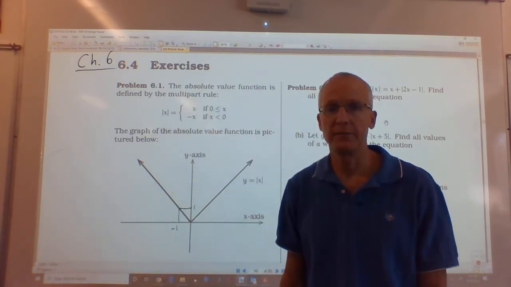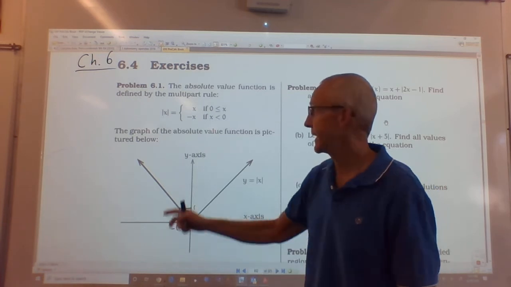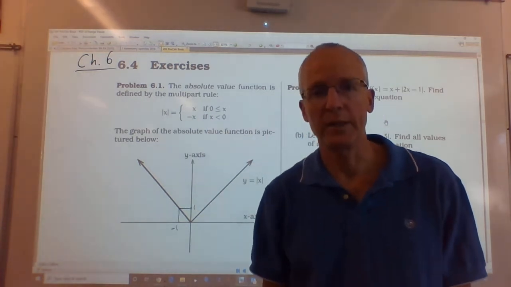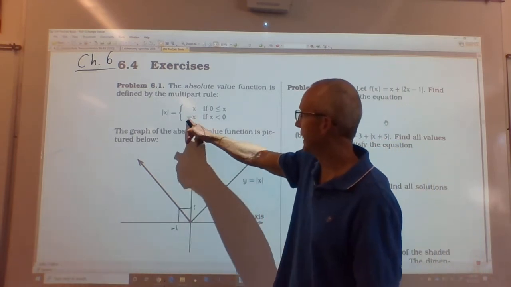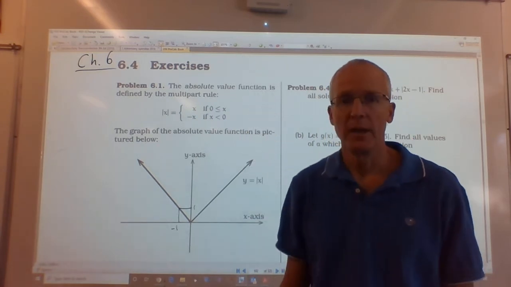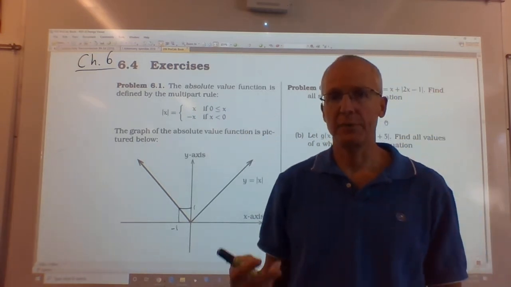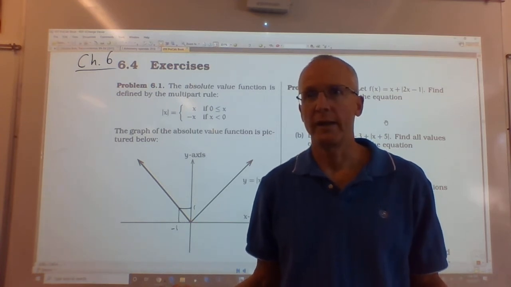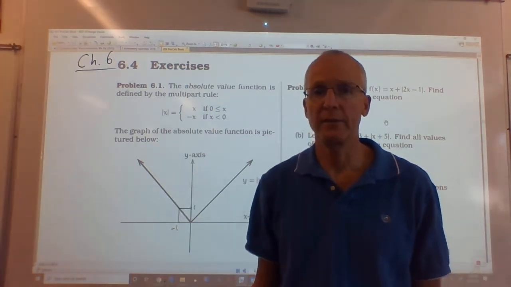And then when you need the absolute value, when it's negative, you make it negative, and then you don't need the absolute value either. That way it's always positive. When x is negative, you make it negative to make it positive. When x is always positive, you don't need the absolute value. So the trick to absolute values is break it up into 2 domains. One set of x's where you don't need the absolute value because it's always positive.